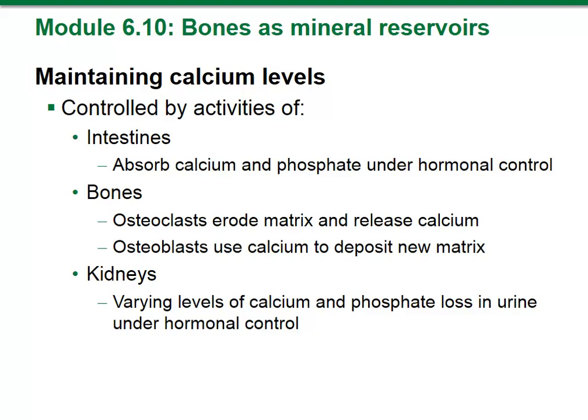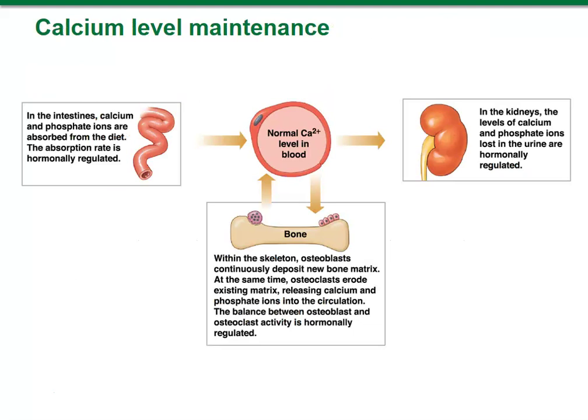Your kidneys also regulate the amount of calcium and phosphate by how much it releases in your urine or it reabsorbs. So this graphic takes all those into account as far as mechanisms of calcium maintenance.